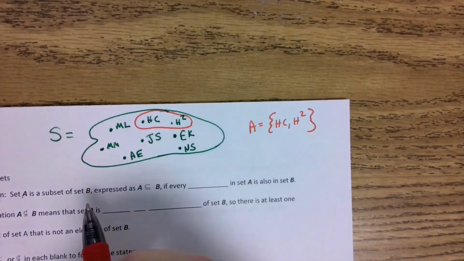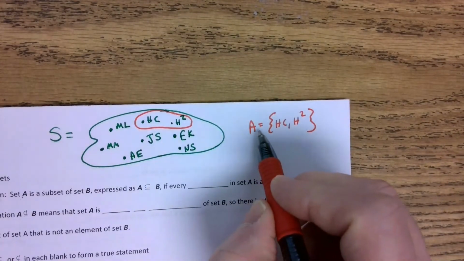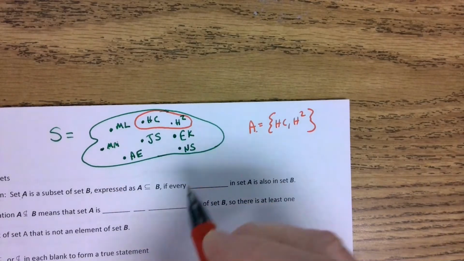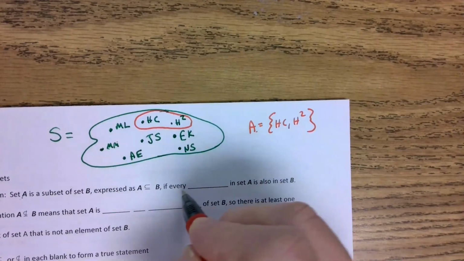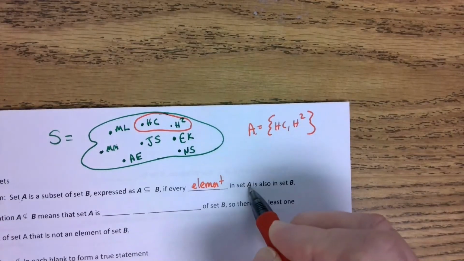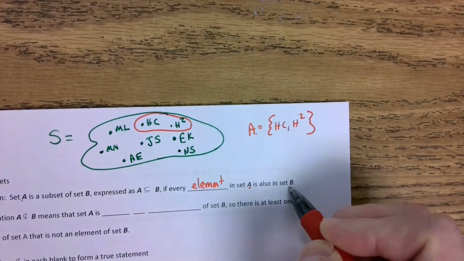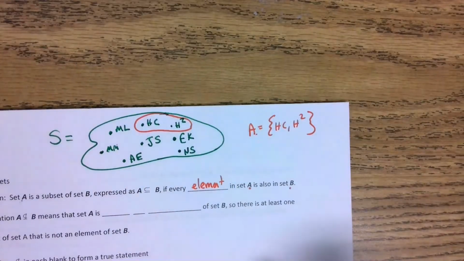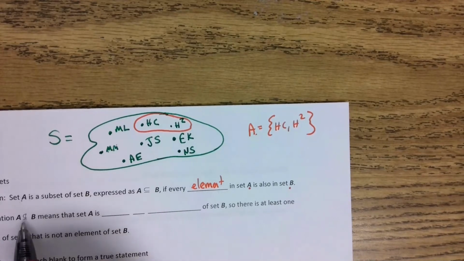Okay, so set A would be a subset of S if every element in set A is also in set B, or in my set S. Okay, and then this little symbol, you see the symbol?